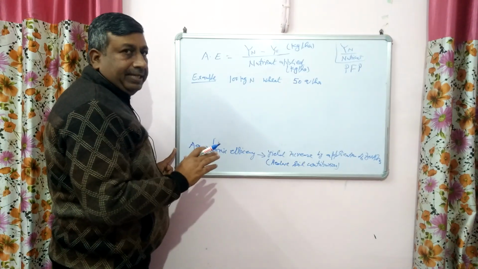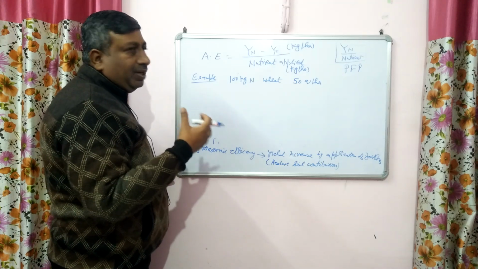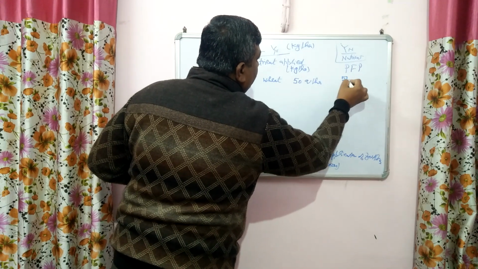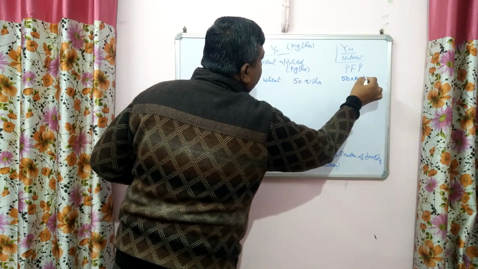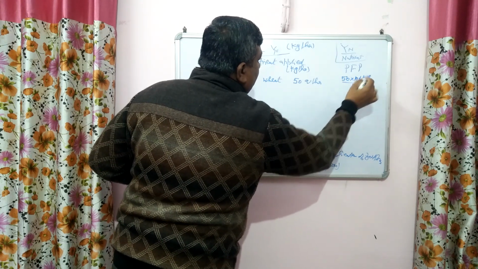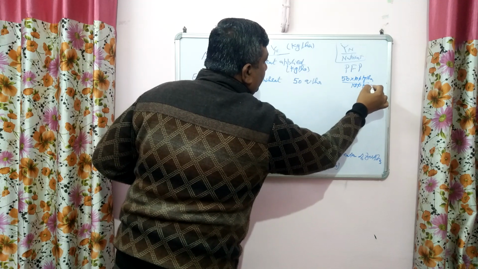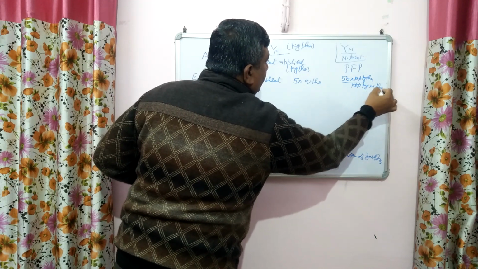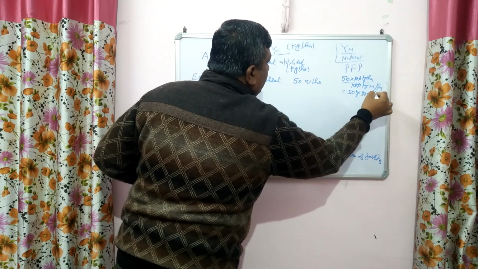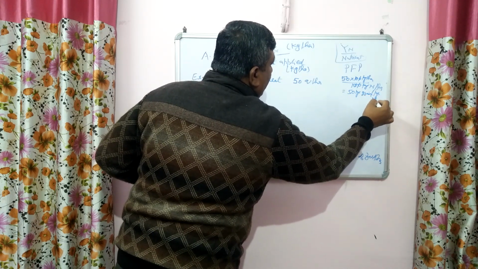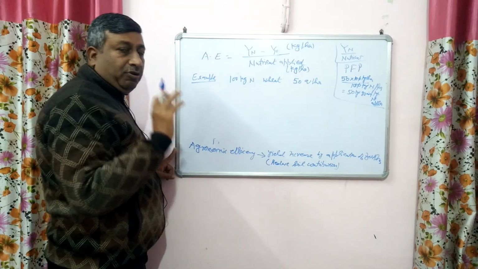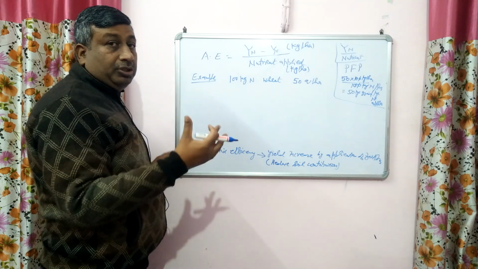Okay, so in this case, if we talk about partial factor productivity for nitrogen, then it is simple. 50 quintal means 50 multiplied by 100, then it is kg per hectare, divided by 100 kg nitrogen per hectare. So it is 50 kg grain per kg nitrogen applied. It is PFP. But in case of agronomic efficiency, we have to reduce soil contribution.